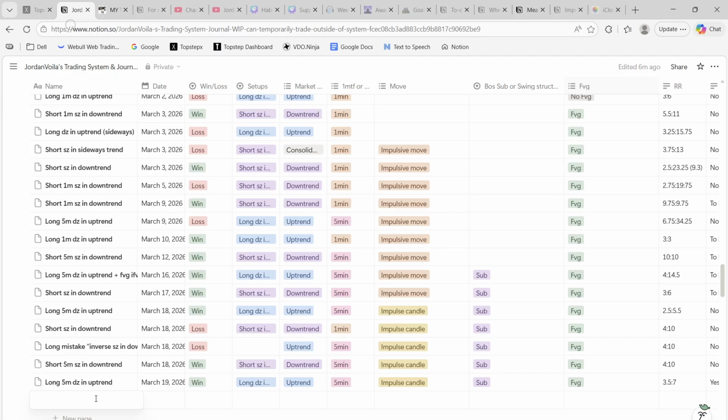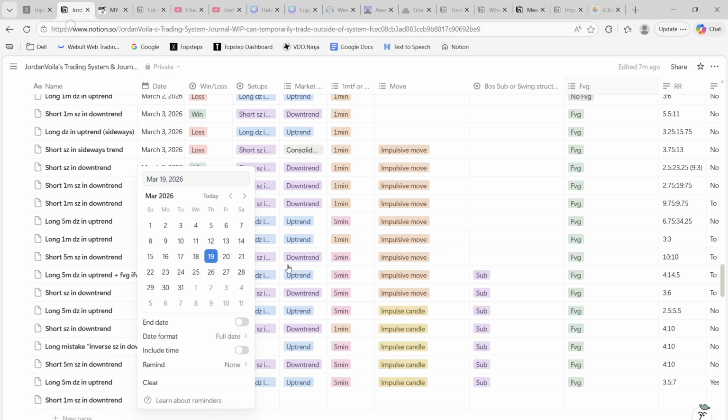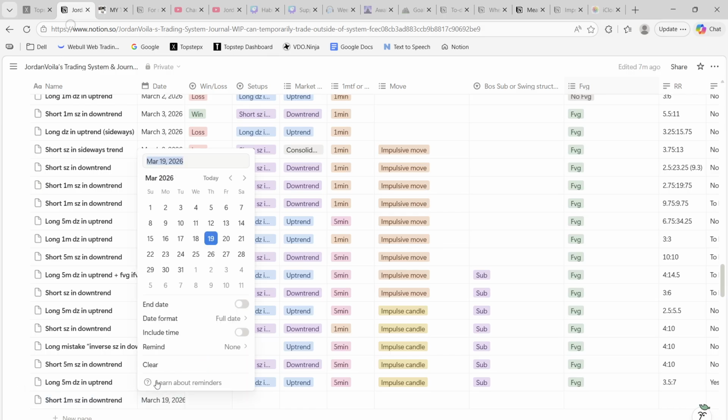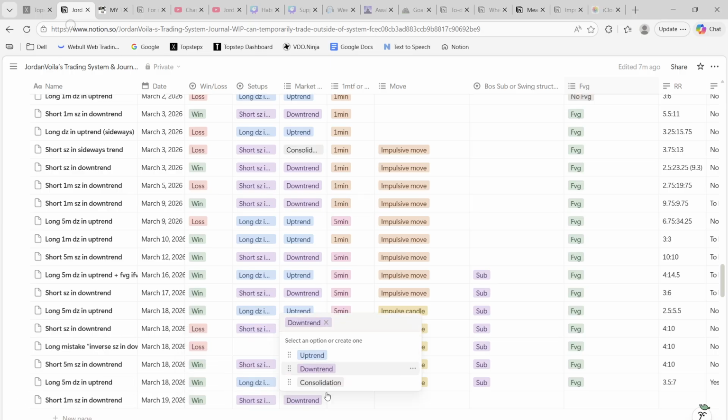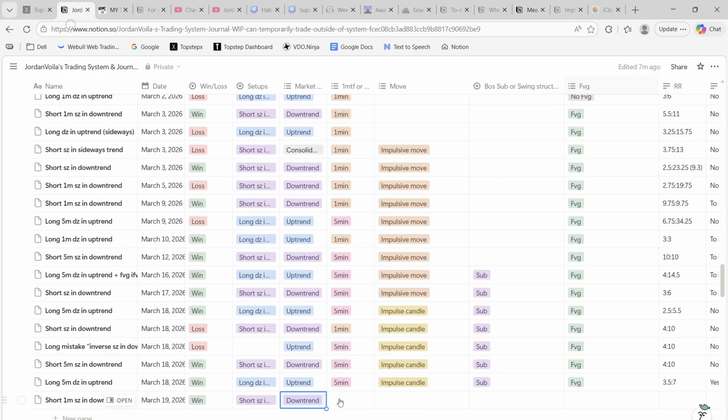Alright, let's journal the trade that you just saw me take. So, short, 1 minute, supply zone, and downtrend. This trade was taken March the 19th. I gotta change this date to the 18th because that was the trade yesterday. This trade was a win, short supply and downtrend, always short supply and a downtrend. Market condition was in a downtrend.